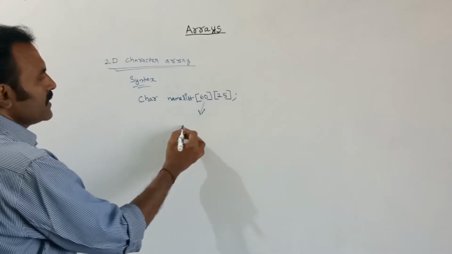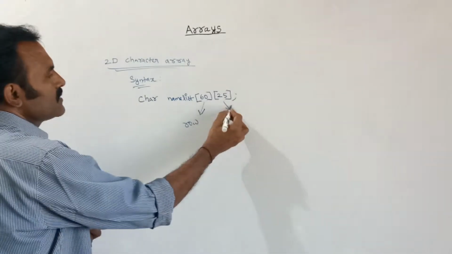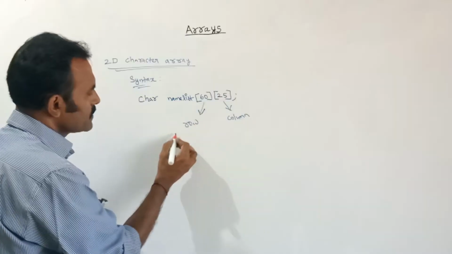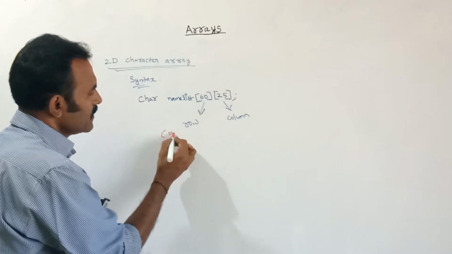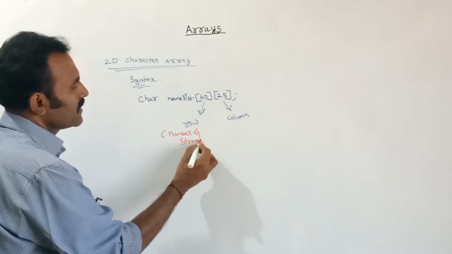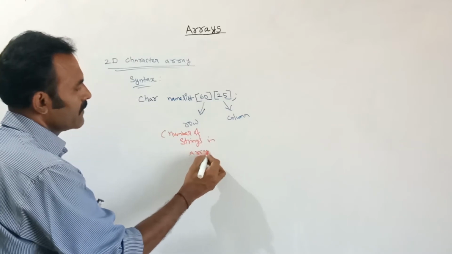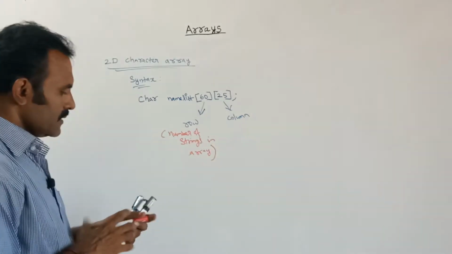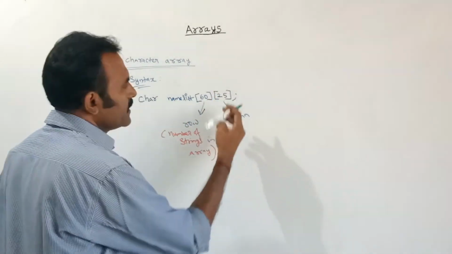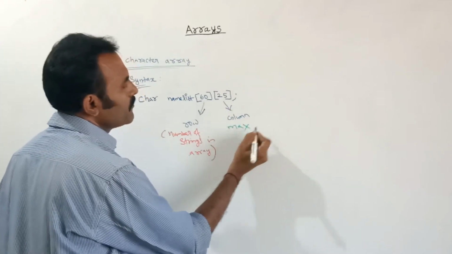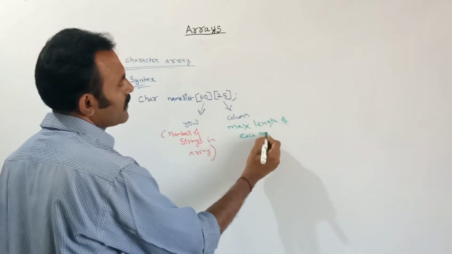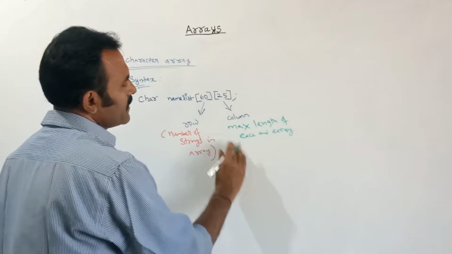The first dimension is known as row, and the second is the column. The row specifies the number of strings in the array. The column value, that is dimension 2, specifies the maximum length of each and every individual string.